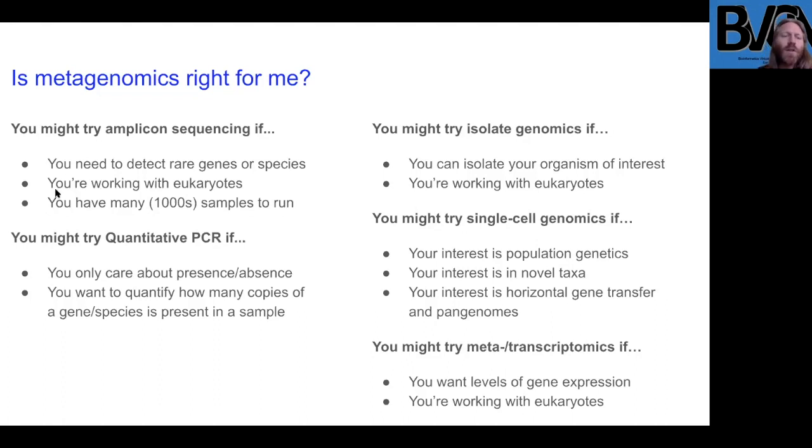So there's an entire transcriptomics channel in the BioVCN. So there should be some stuff coming out of that soon that you can also go take a look at if you're interested in that.